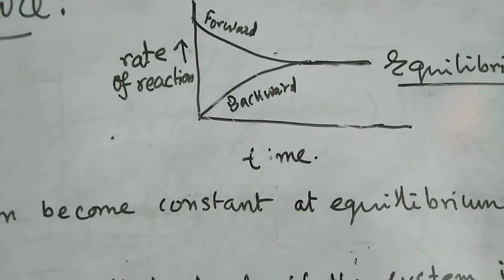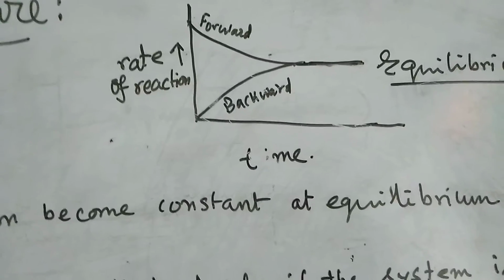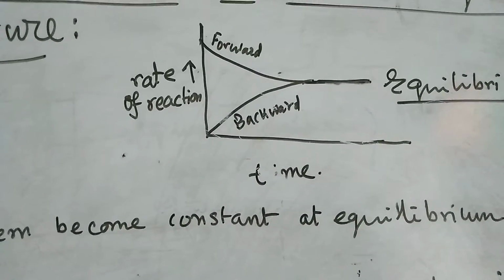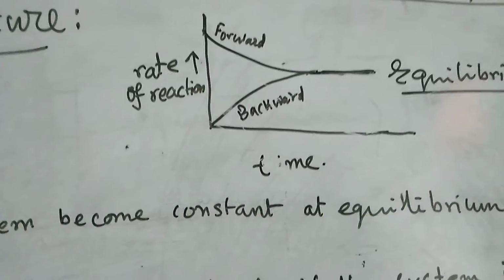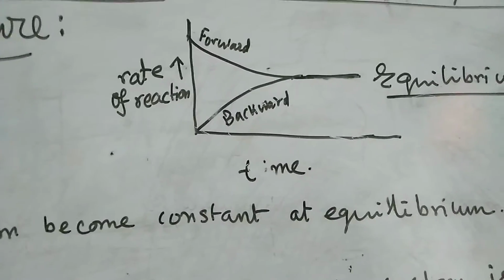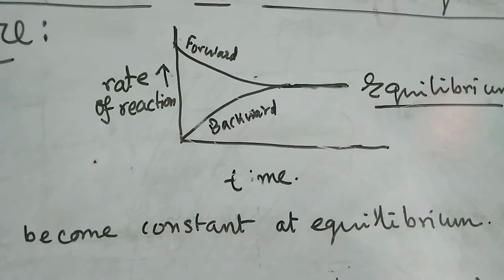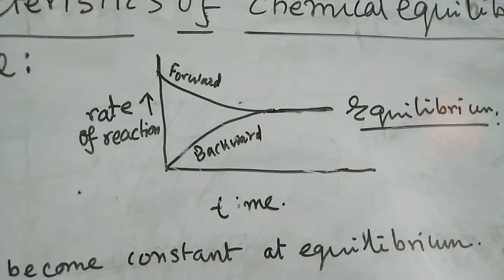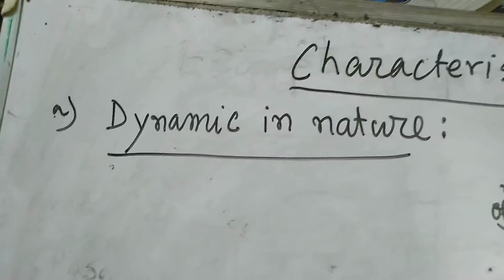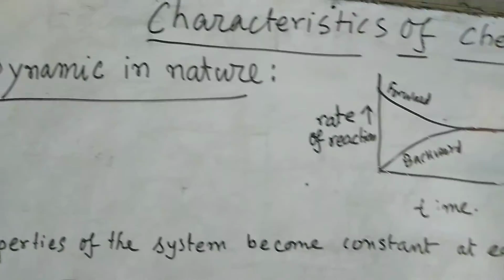At the same rate, the product is formed, and the product just produces the reactant at the same rate. So their concentrations remain constant, but the internal reaction is going on. As the internal reaction is going on at the same rate, the nature is dynamic. The chemical equilibrium nature is dynamic.